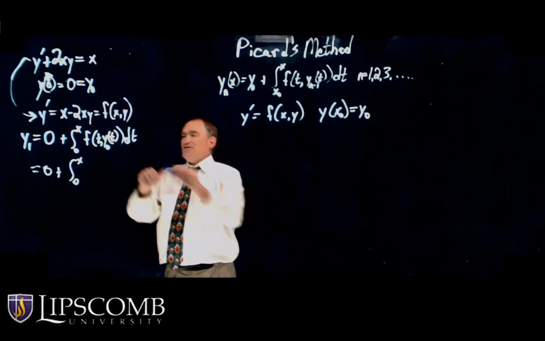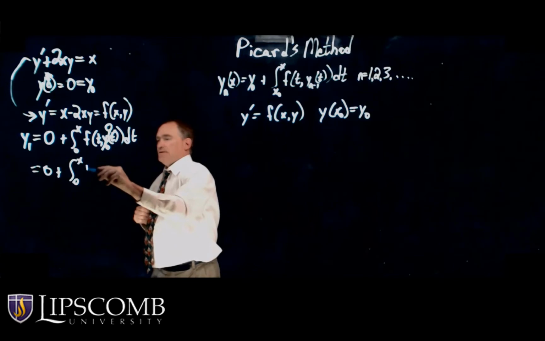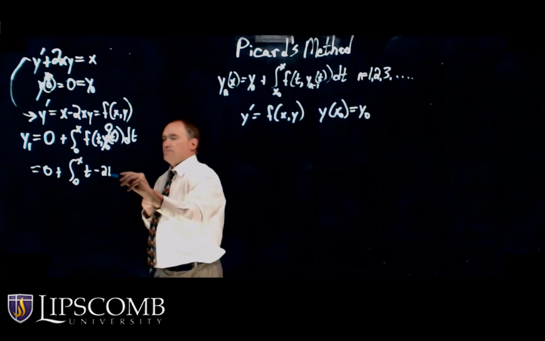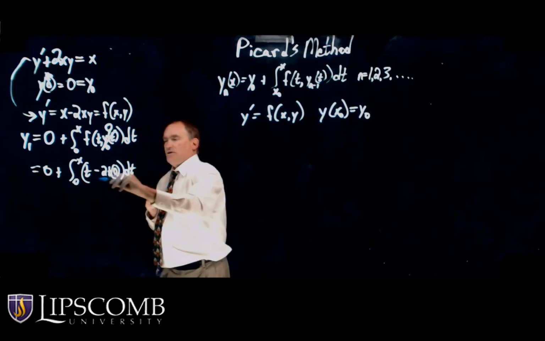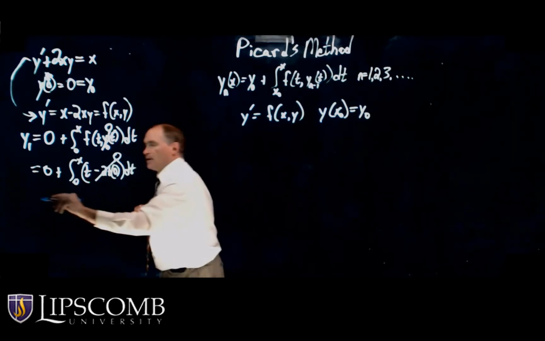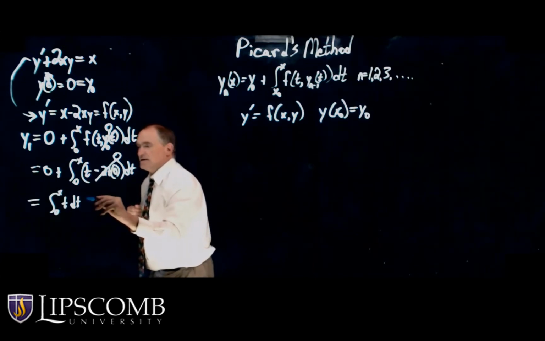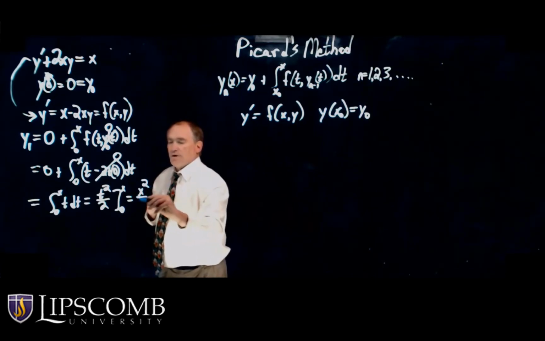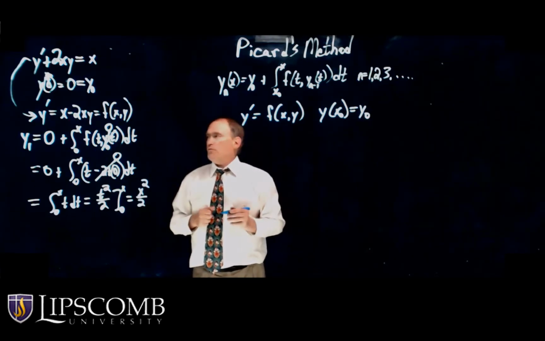So it's f of t, 0, which is t minus 2 times t times 0 dt. This part is all 0. So this is the integral from 0 to x of t dt, which is t squared over 2 integrated from 0 to x. So that's my y sub 1, x squared over 2.